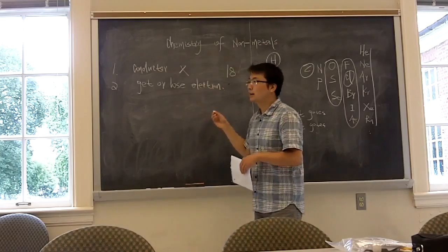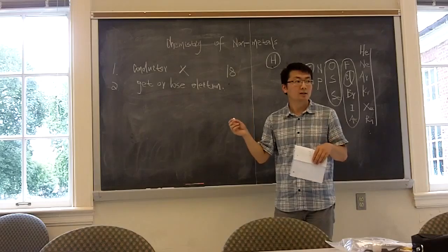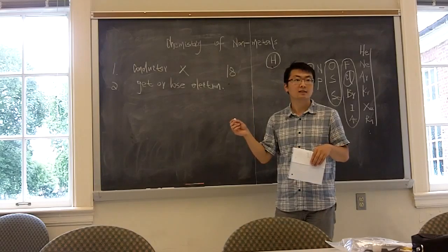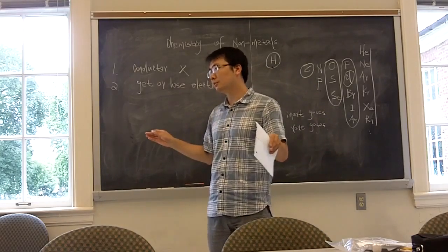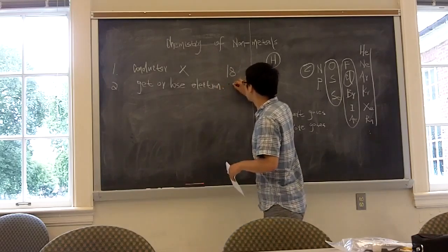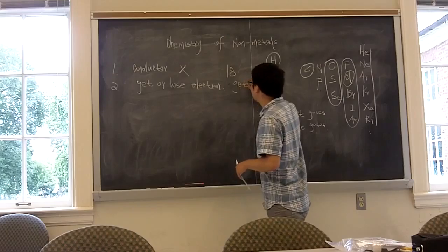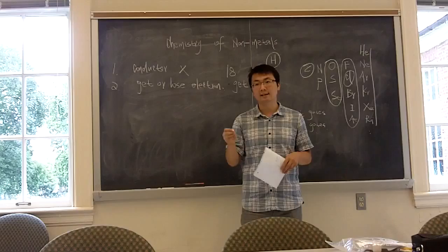So how do you think non-metal elements could get or lose their electrons? By joining with other elements. Yeah, by reacting with some metal, actually they could get electrons. All non-metal elements could get electrons quite easily.